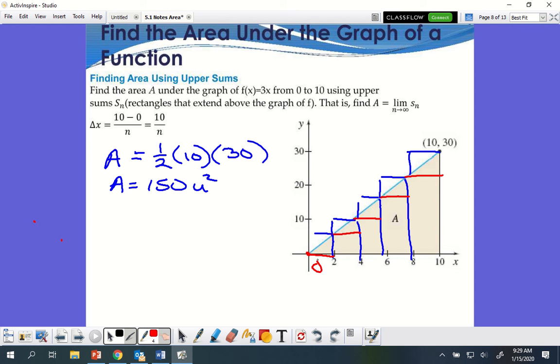Okay, left hand, so this is again 2, but now at 2, that gives me what? 6. So 2 times 6 is 12. 2 times 12 is, yeah, it's 24, right?